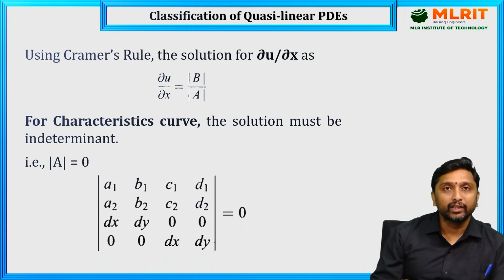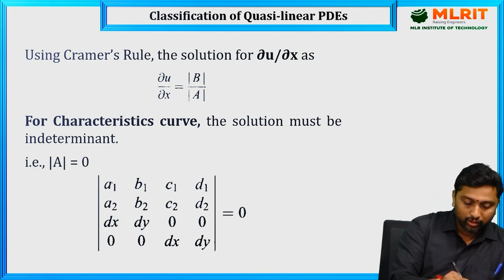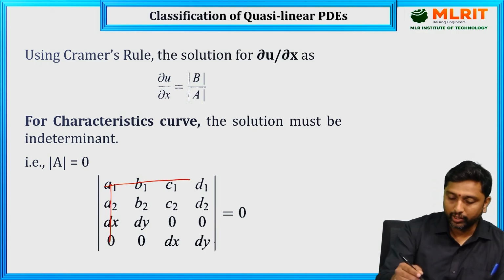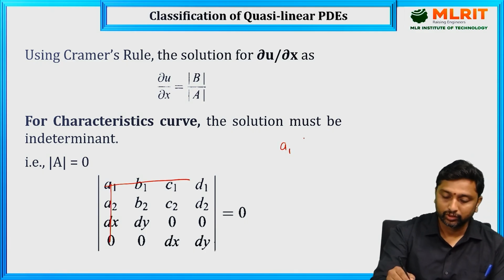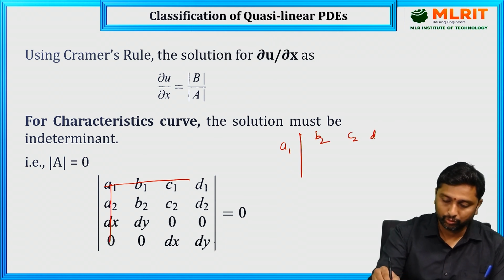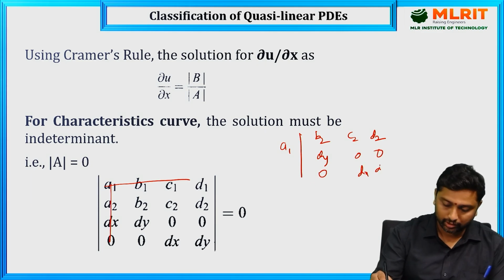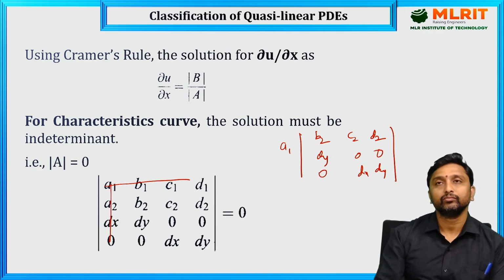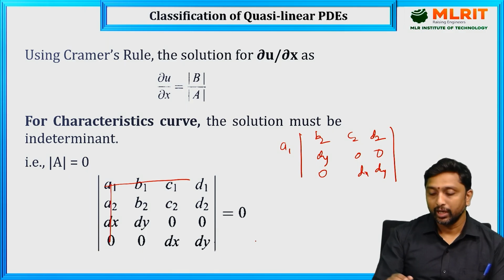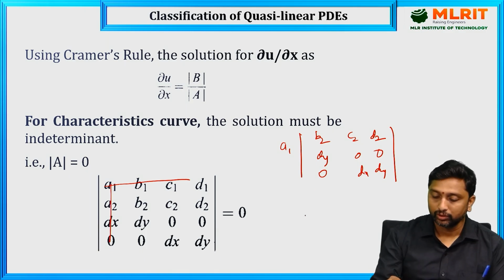So to calculate determinant of A, first you can say A1 into determinant of B2, C2, D2, dy, 0, 0, 0, dx, dy. Again, determinant of this is B2 into 0.